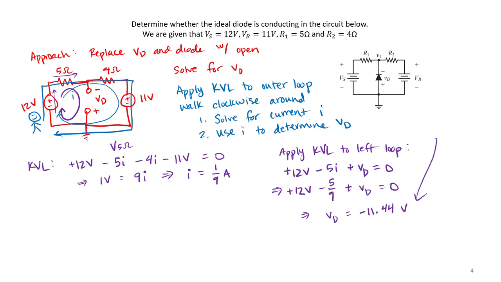So wait a minute. Based on VD, are we conducting or non-conducting? Well, in this case, since VD is negative, the diode is not conducting.